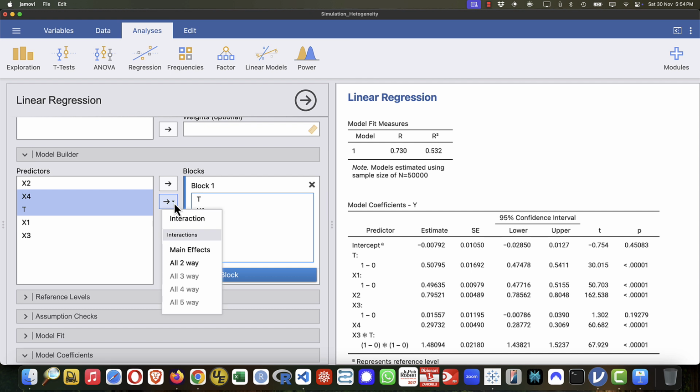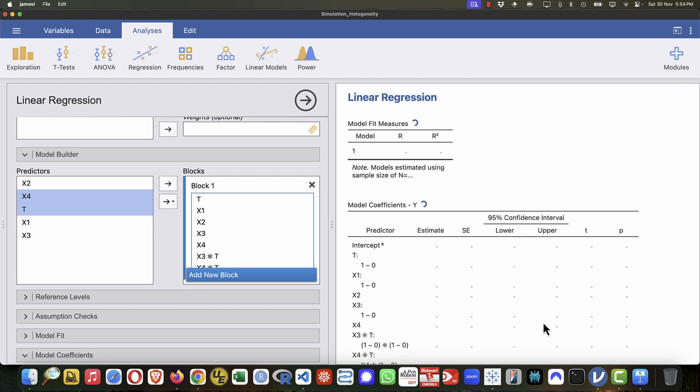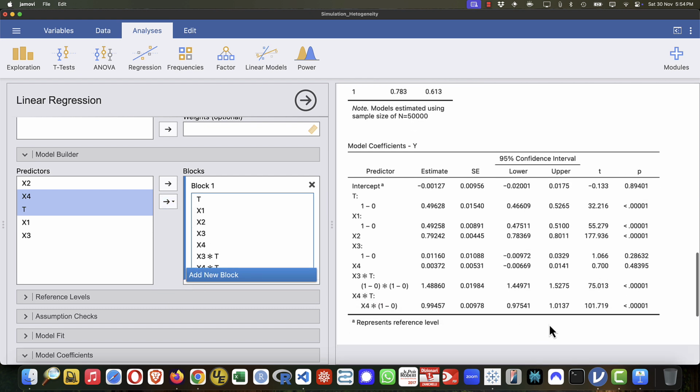Okay, and we have heterogeneous effects when the p-values of the interactions are small. Okay, in this case, they are very small. So we have evidence here that there is a heterogeneous effect.